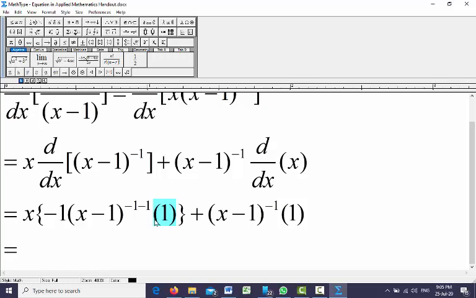So here what you will get is minus 1 multiplied by x, that means you get minus x, and then from this one, x minus 1 power minus 1 means we get minus 2.